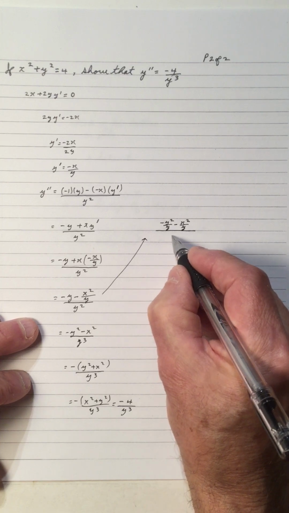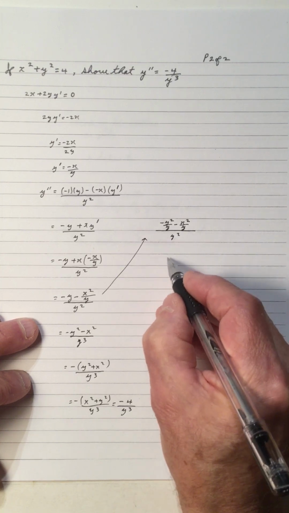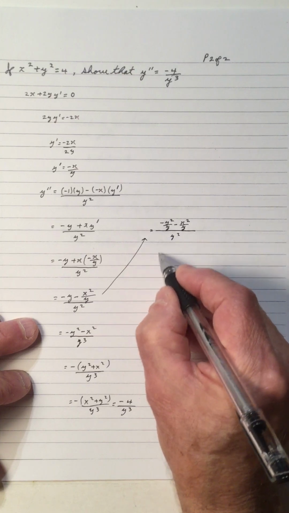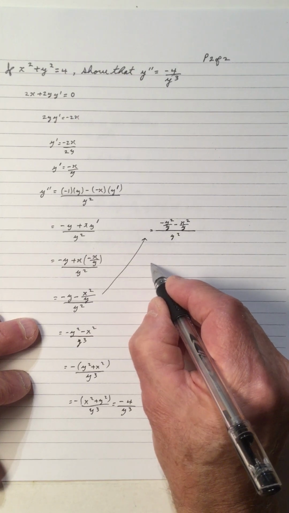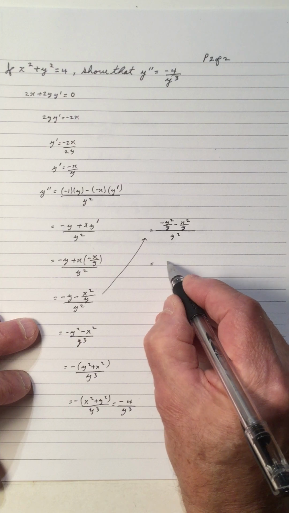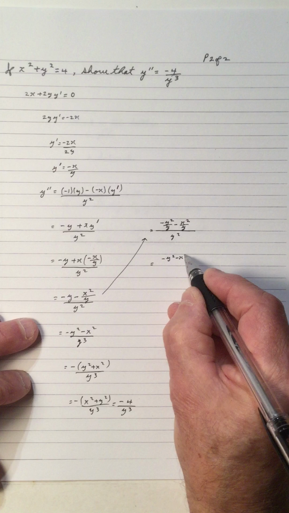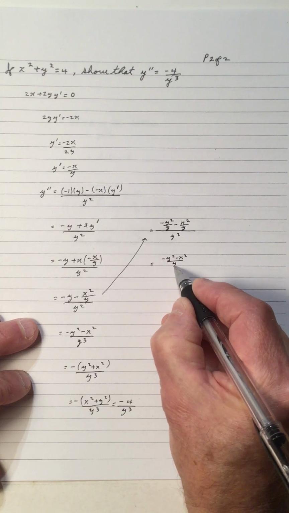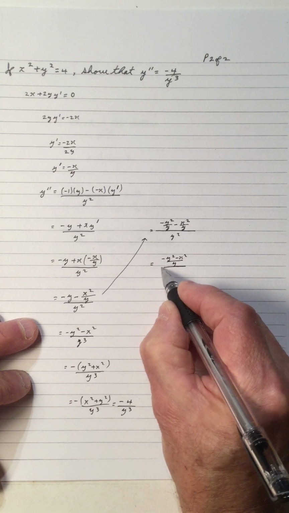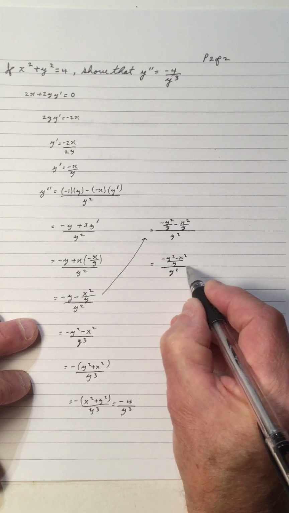So we can make that negative y squared minus x squared over y, divided by y squared.